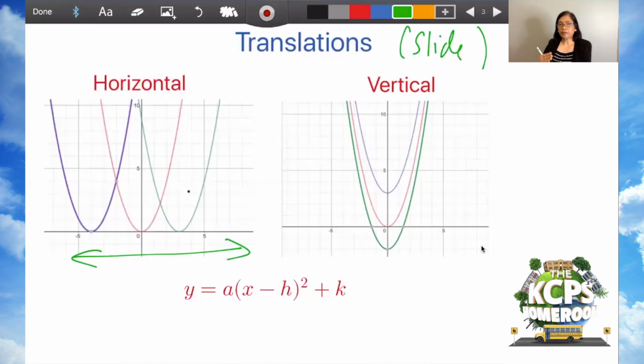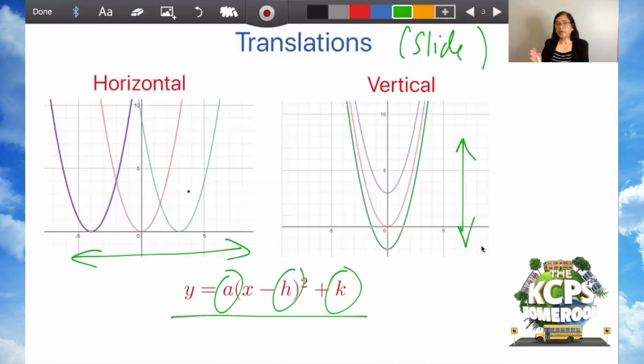And when we talk about vertical translation, we are actually moving the graph of the function upwards or downwards. Then if we look at this function, f of x or y is equal to a times the quantity x minus h squared plus k, which of these values here affect the translation or the movement of the graph?